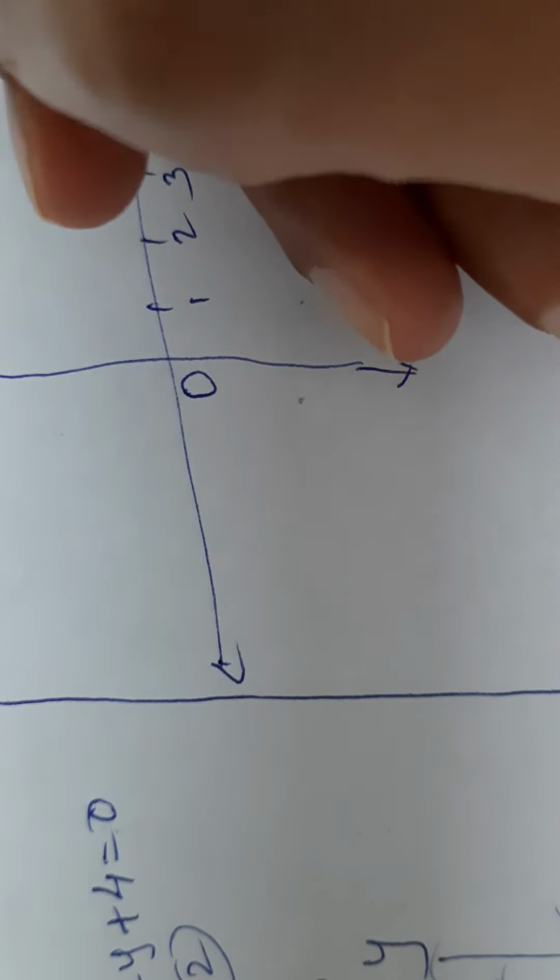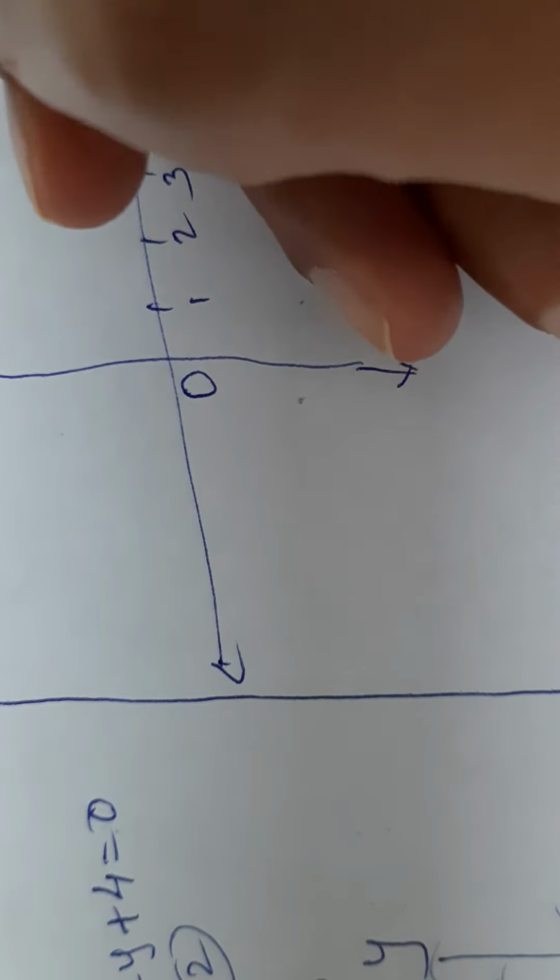So here your a1 equal to 5, b1 equal to minus 4, c1 equal to 8 and a2 equal to 7, b2 equal to 6 and c2 equal to minus 9.